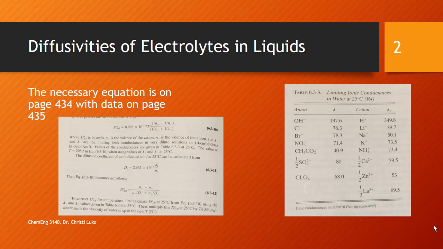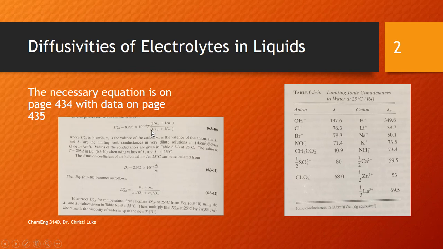So the equation that is recommended for electrolytes is given here. We'll look at it briefly. It's roughly 9 times 10 to the minus 10th times the temperature times these 1 over n's, that's the valence. So 1 over the valence for the positive ion, 1 over the valence of the negative ion.